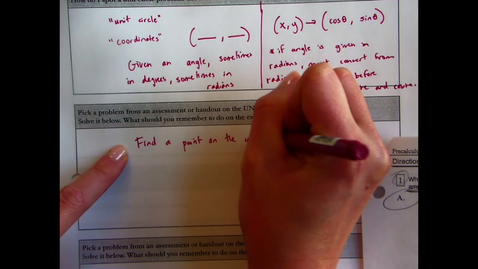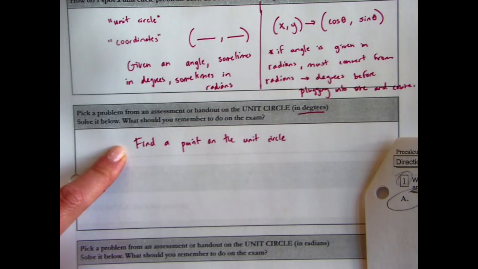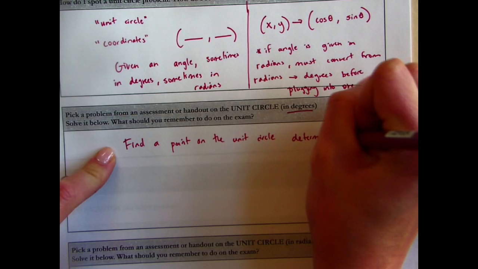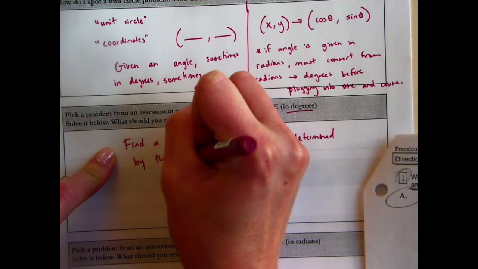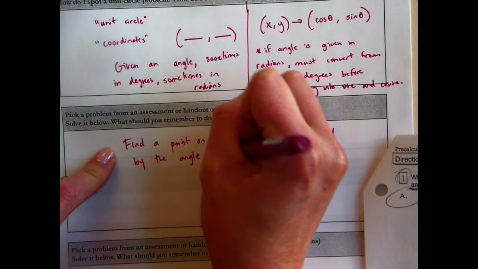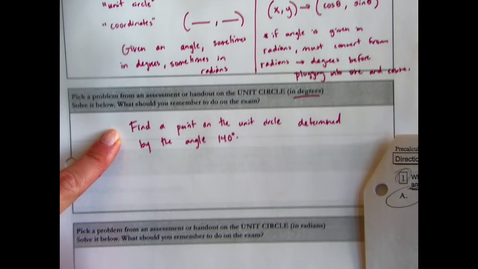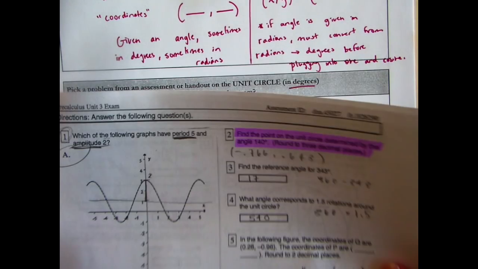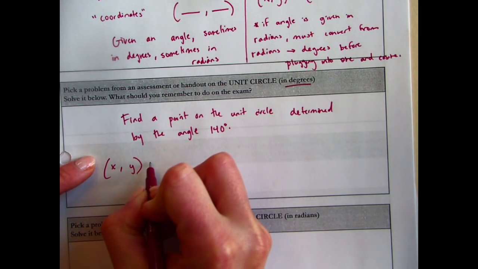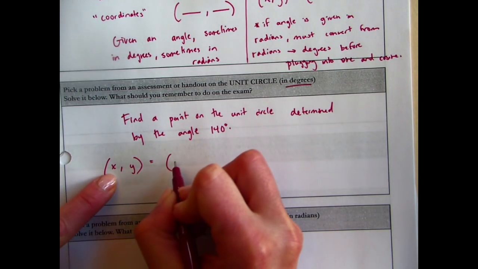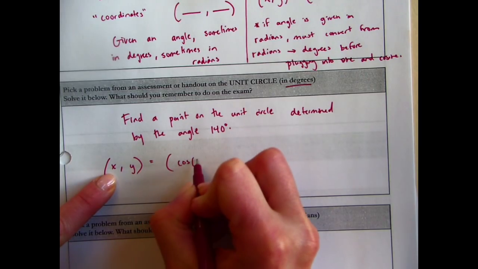So I'm going to find one on the Unit 3 assessment that's in radians. I know radians have a pi in them. So it looks like I'm going to be looking for cosine 2 pi over 3.